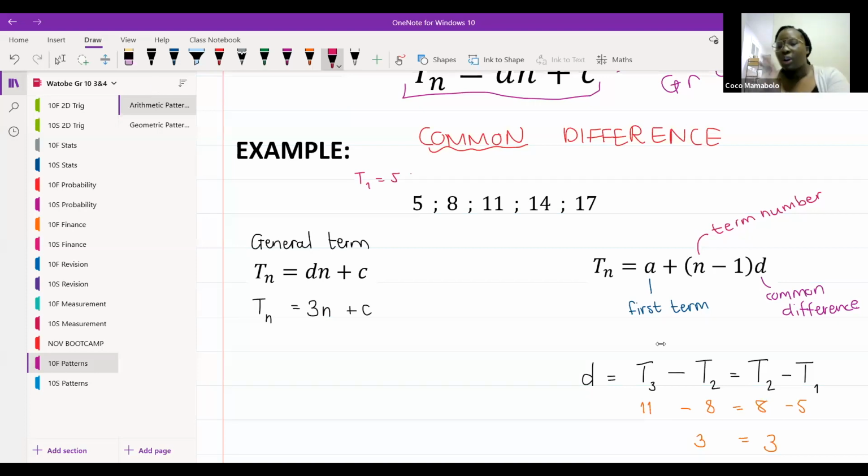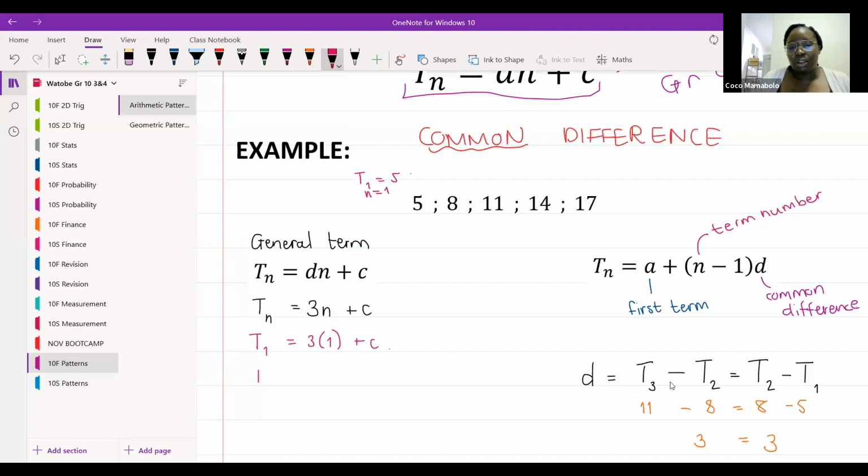Right, good. We know that T1 is equal to 5. Now, if I want to figure out what T1 is, I'm going to replace my n. My n is going to equal 1. So I'm going to go into this formula and replace n with 1. T1 is equal to 3 times 1 plus c.